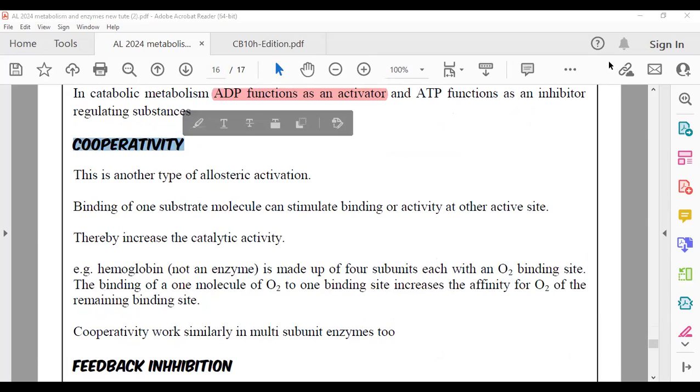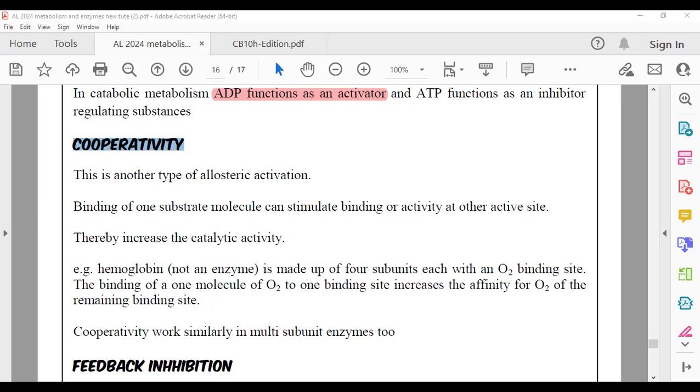The special mechanism here is, there is no external regulatory molecule. Understood? Substrate is the regulatory molecule.